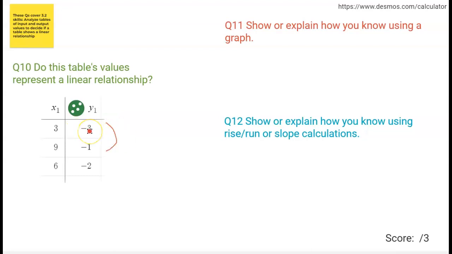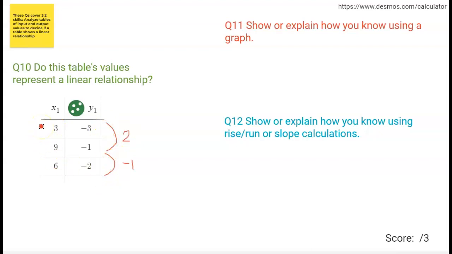I see that from -3 to -1 is a change of 2. I'm adding 2. And then I also see that from -1 to -2, that's a change of -1. So at this point, I'm wondering, it doesn't look linear to me because these numbers are different, but let me continue before I decide.